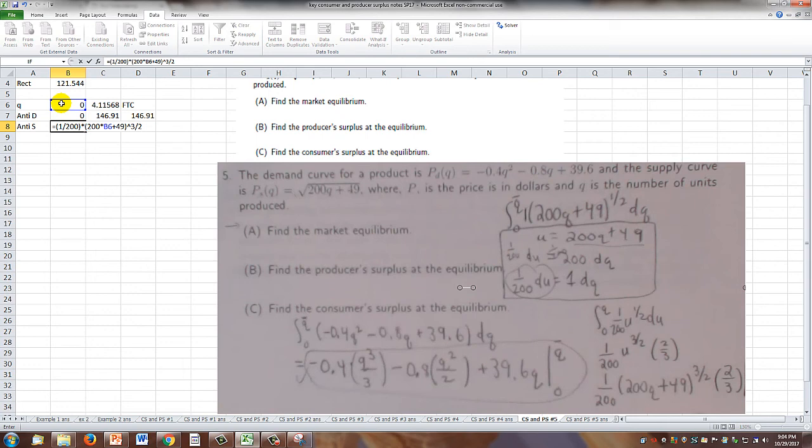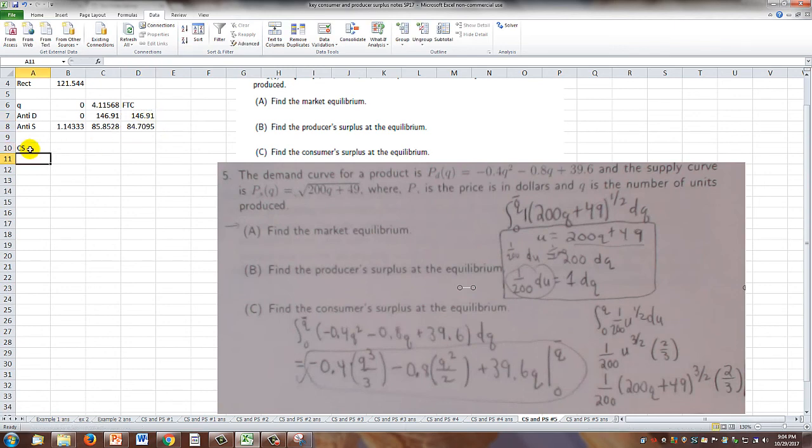You need parentheses before the 3 and after the 2, but I also know that 3/2 is 1.5, so that's what I'm going to do. Times parentheses 2 divided by 3. So if you tried to put 2/3 as a decimal, 0.67, that's going to give you rounding error. So you can only do it with terminating decimals. All right, so we'll check that. Okay, so that's the antiderivative of supply. And then the area under the supply curve is this.